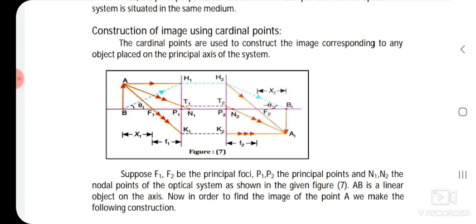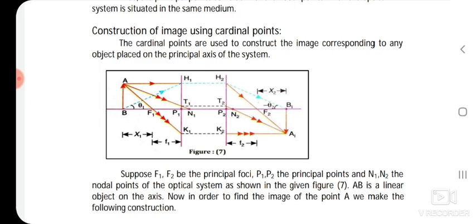Okay, so the point of intersection of any two of the above refracted rays will give the image of the point. The perpendicular drawn from A1 on the axis gives the image A1 B1 of the object AB.